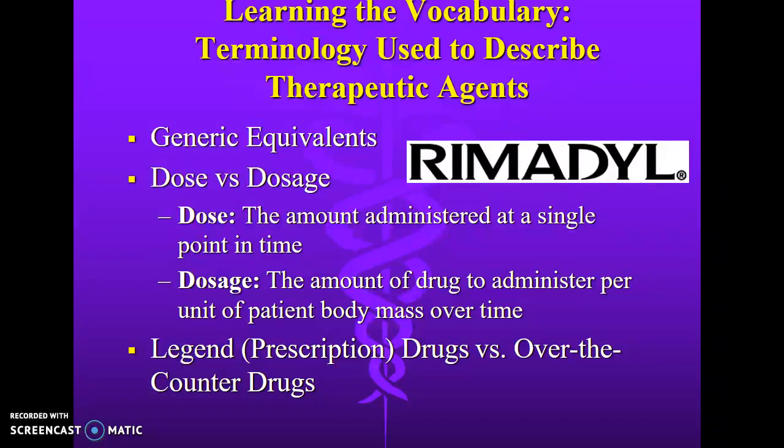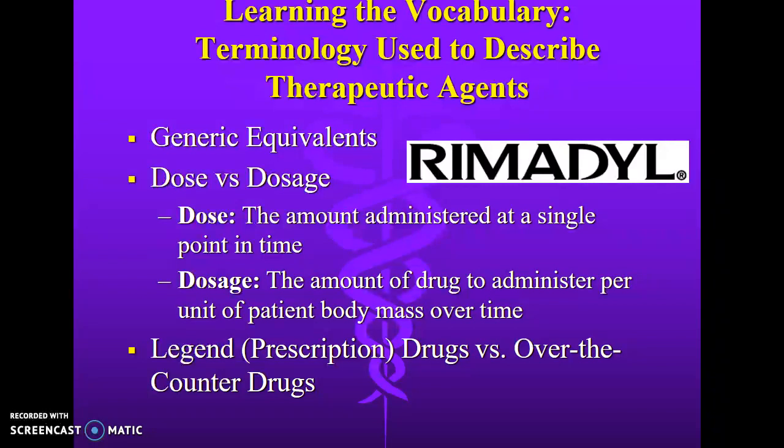Rimadyl was developed in this country by Pfizer Pharmaceutics and was sold exclusively by them for a number of years. And now we have some other generic equivalents. It's sold under Carprofen, and there are some trade names by other companies for that, but the generic name is Carprofen. So that is the difference.